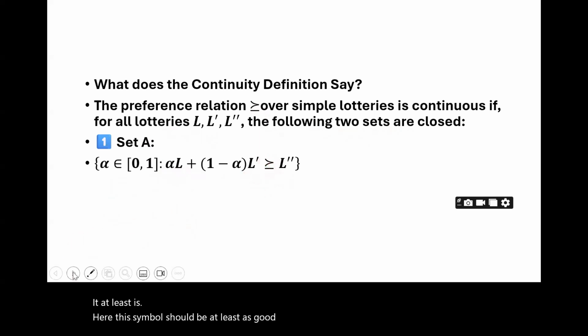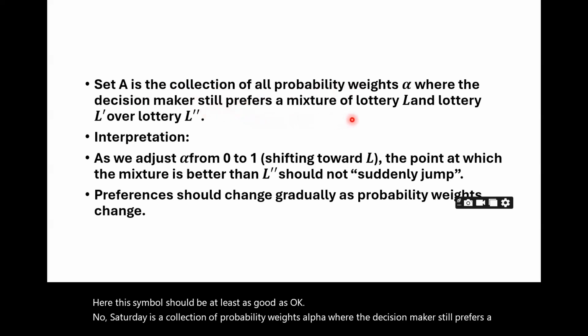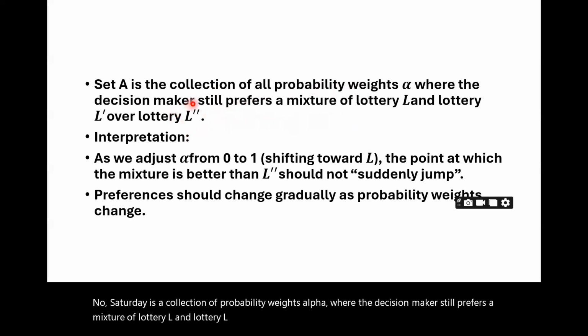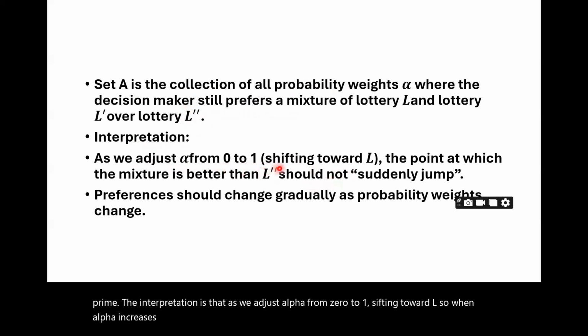Set A is a collection of probability weights alpha where the decision maker still prefers a mixture of lottery L and lottery L prime over lottery L double prime. The interpretation is that as we adjust alpha from 0 to 1, we are moving toward L. The point at which the mixture is better than L double prime should not suddenly jump.